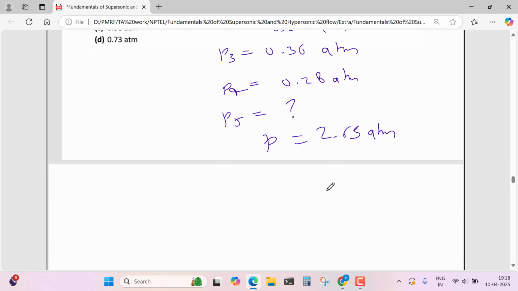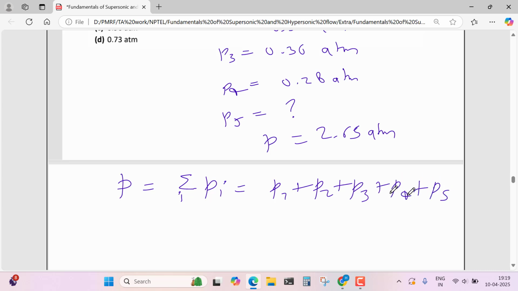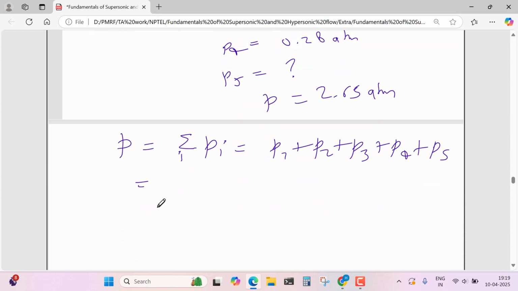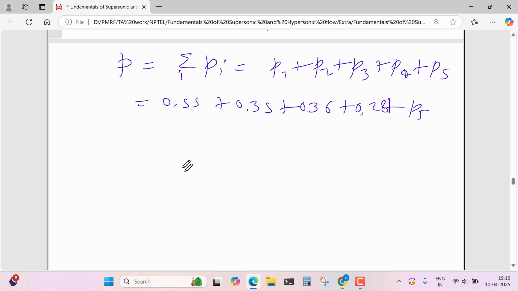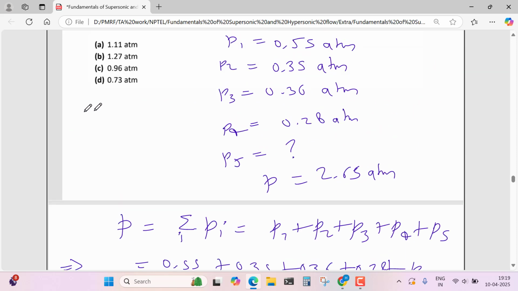So as we know that the gas mixture pressure is the sum of all the partial pressures of its species, which is nothing but P1 plus P2 plus P3 plus P4 plus P5. So if we put all the values, 0.55 plus 0.35 plus 0.36 plus 0.28 plus P5, and the sum, the pressure P, is 2.65.